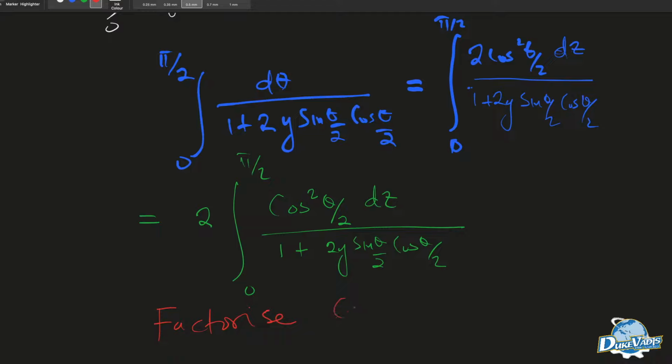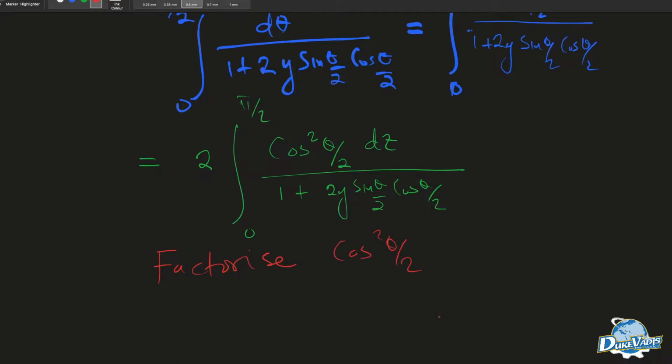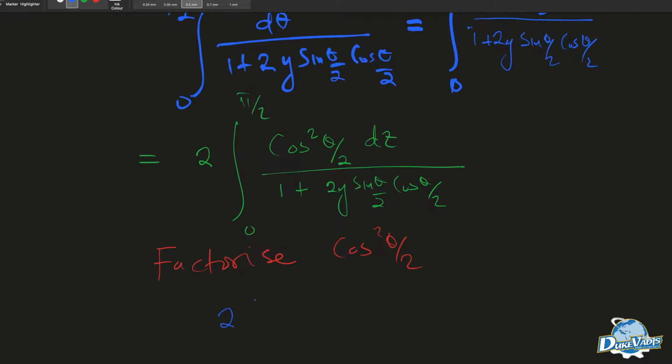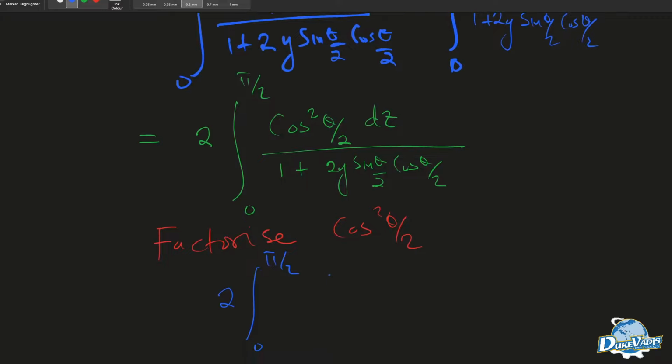Okay, cos square theta over 2 out. So this is a big assumption. Alright, so this will give us this. So we're going to have 2 out, nothing changes again, integral from pi on 2 to 0. Okay, and this will be dividing through by cos square theta.